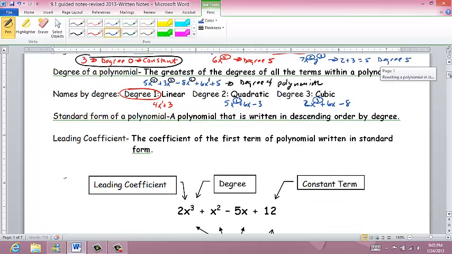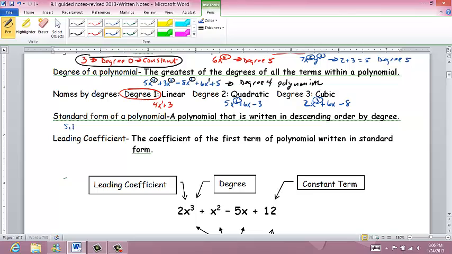Now, once we look at these polynomials, it's important to know what standard form of a polynomial is. Standard form is taking the polynomial and writing it in descending order by the degree. So if you look at all the examples I use, I always start with the highest degree and work my way down. For example, an example of a polynomial written in standard form.